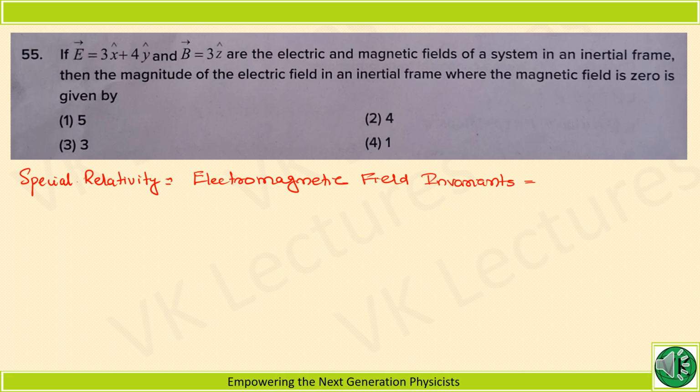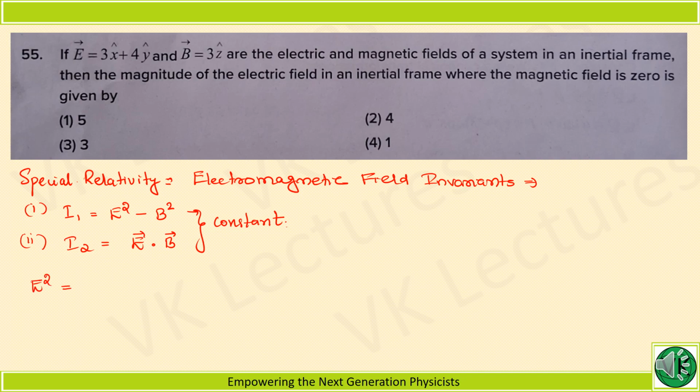The first one, I1, is equal to E² minus B². The second one, I2, is equal to E·B. These are two quantities that are constant in respective inertial frames.